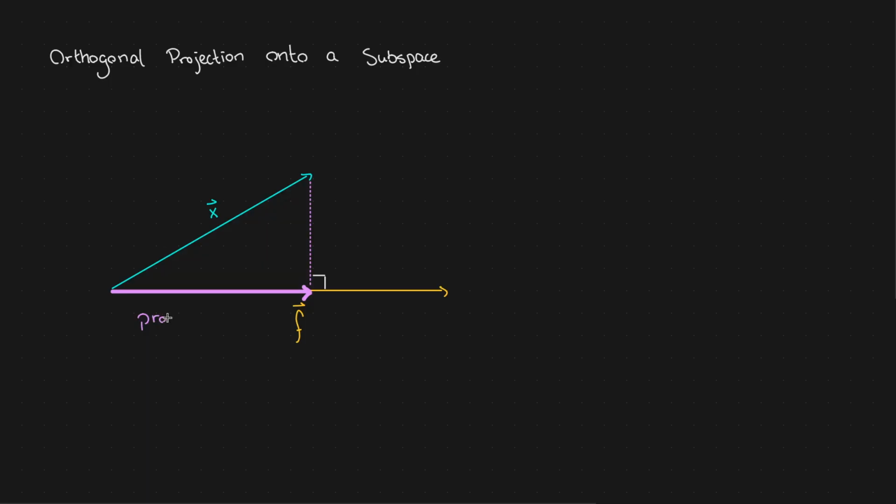So we have the projection of vector x onto vector f, and the formula for that is the dot product of x and f over the norm of f squared. And that's the scalar multiple of vector f.